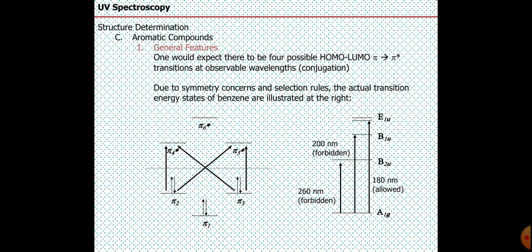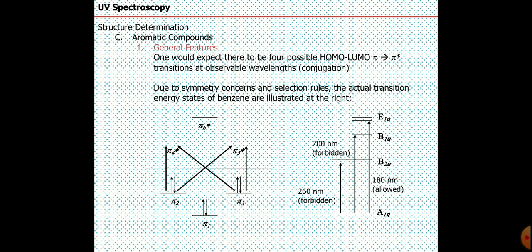In aromatic compounds, there are 4 possible HOMO to LUMO pi to pi star transitions. Due to the symmetry and selection rules, the actual transition energy states of benzene are illustrated on the right hand side. You can see the transitions. There are 3 transitions. The first is A1G to B2U, which is a forbidden transition.